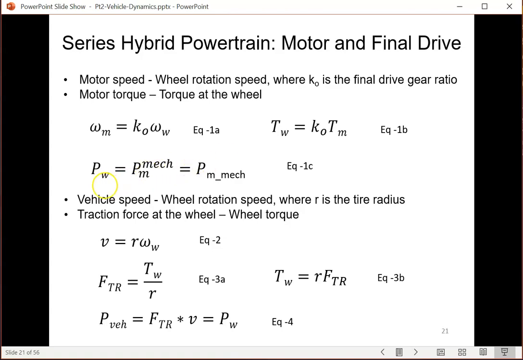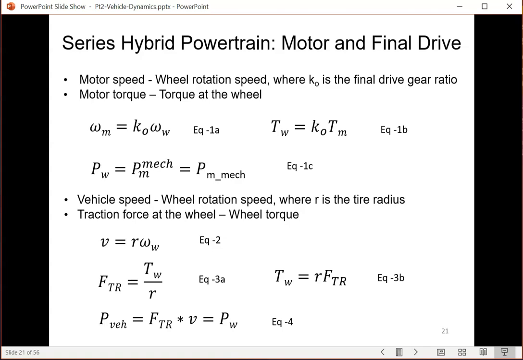The relationship between the tire and the forward speed is defined in equation 2. V is the forward speed of the vehicle, omega W is the rotational speed of the wheel, and R is the radius of the wheel. So V equals R times omega W, as indicated in equation 2.